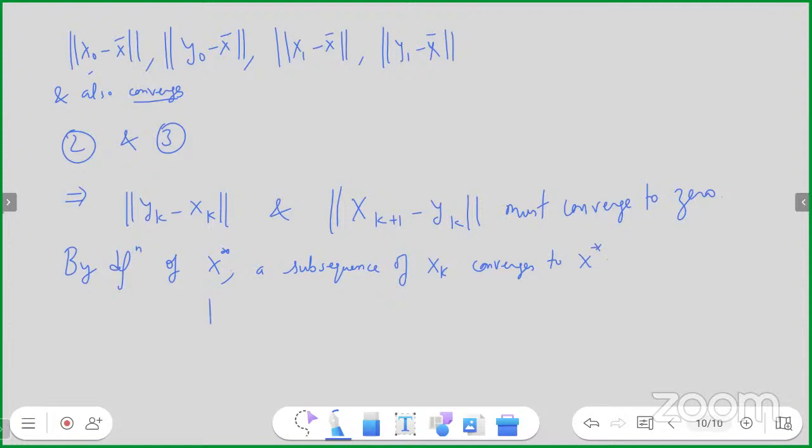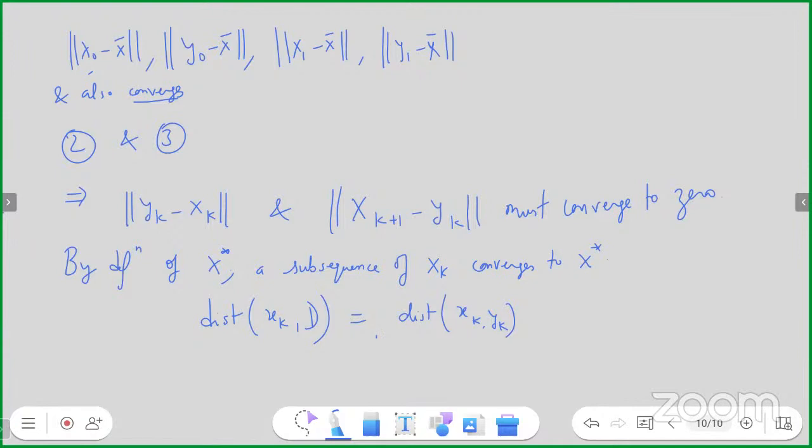So what is the distance of xk from D? See, xk's are in C, so this is equal to the distance of xk comma yk. Yk is in D, xk is in C. So this distance is less than or equal to, by my projection it better be equal, right?